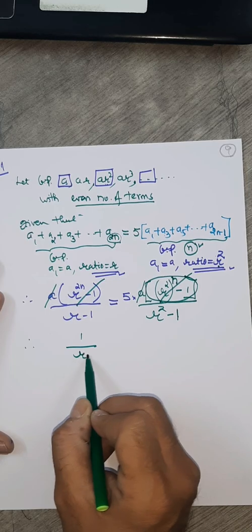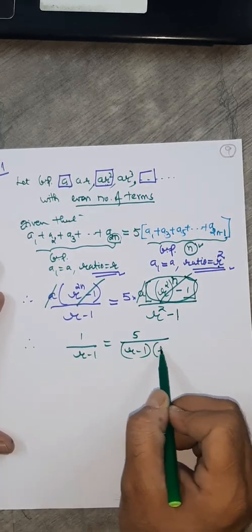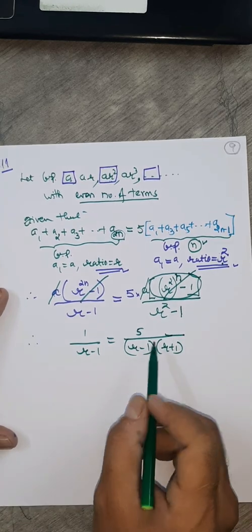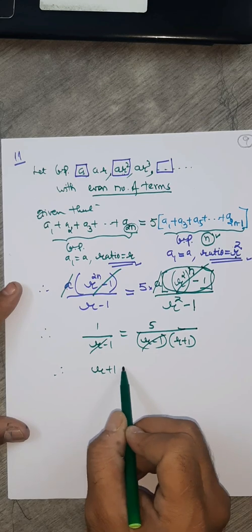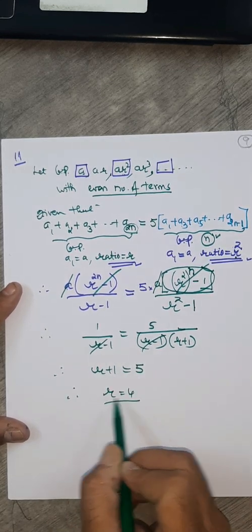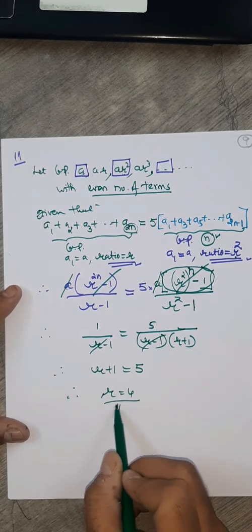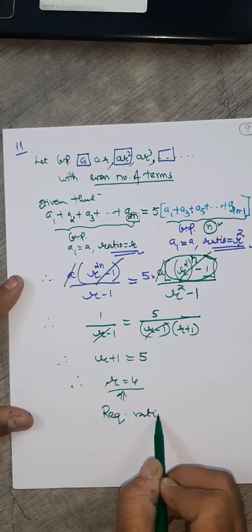Here we are left with this much upon 5 upon r minus 1 into r plus 1. So this factor will get cancelled. Here we have r plus 1 equals to 5, and therefore r equals to 4. That's the required ratio. You are asked for the ratio. The required ratio equals 4.